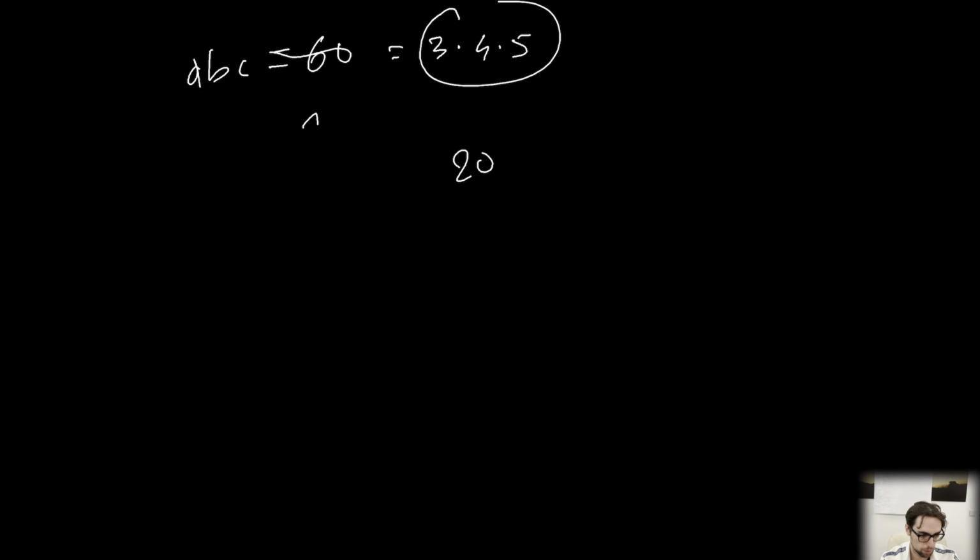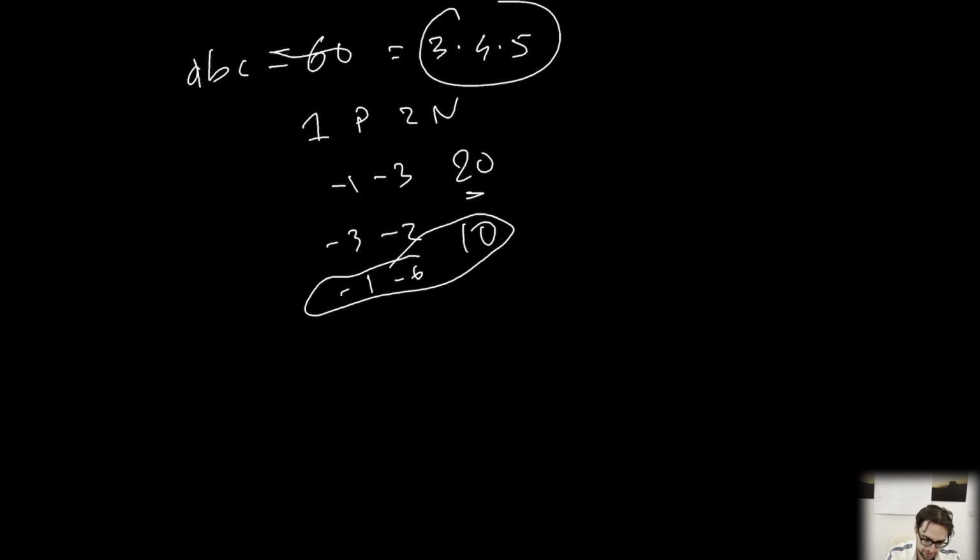If I get 20, then the other 2 are free, so it's -1 and -3. That's one option. If it's a 10, and the positive one has to be big, you have a product of 6. It can be -3 and -2, or -6 and -1. This one gives me a sum of 3, which is one of the lowest options.